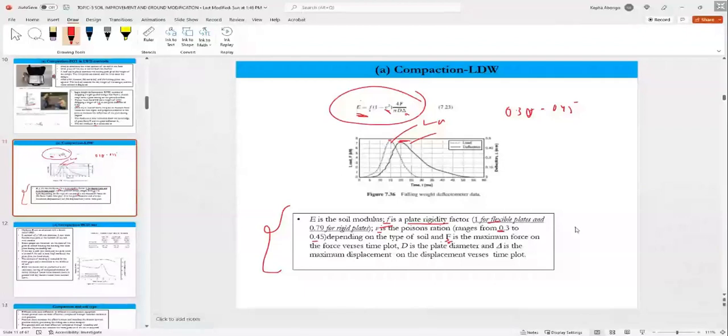Partially, yes. Low density soil implies that the soil has low elastic modulus. High density soil implies the soil has high elastic modulus, therefore less settlement. Low density soil implies low elastic modulus, hence very high settlement.